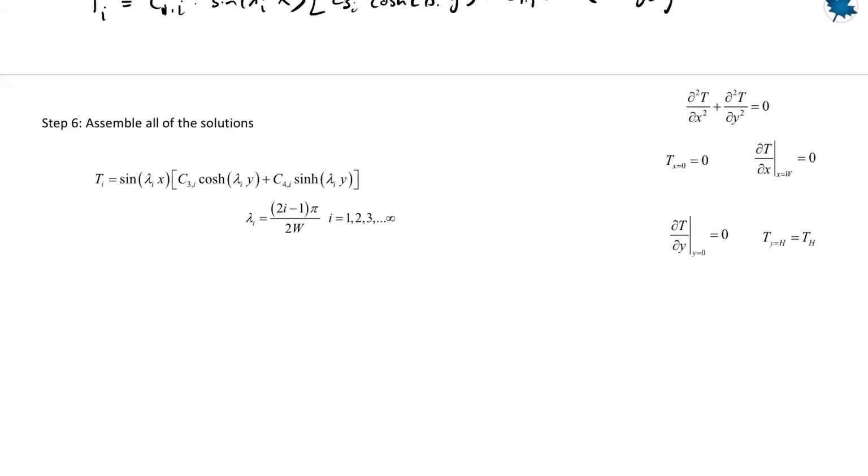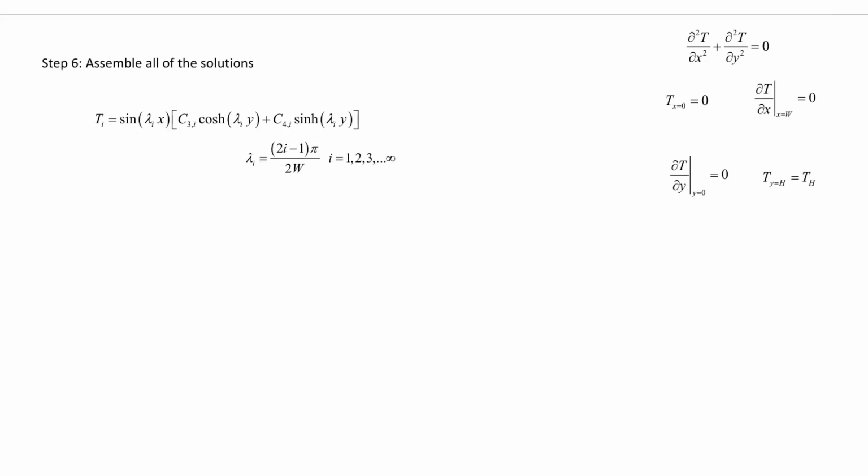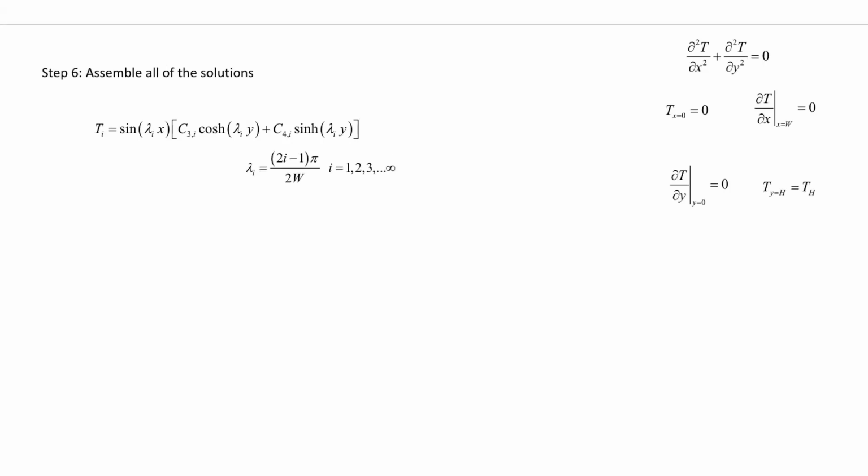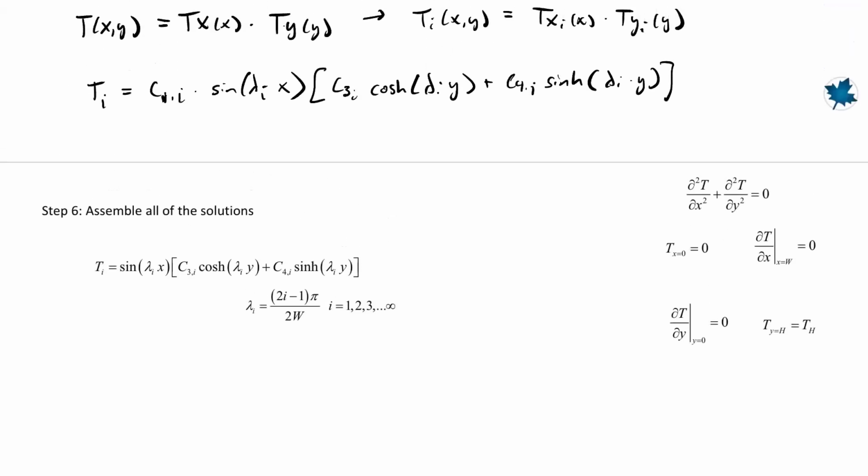Okay, so then step 6, we're going to assemble all the solutions back together. So here's our solution that we just wrote out. One thing that we can do, though, is take this unknown constant, C1i, that is multiplying, and multiply through by these unknown constants in here. What's an unknown constant times an unknown constant? Well, it's just an unknown constant.